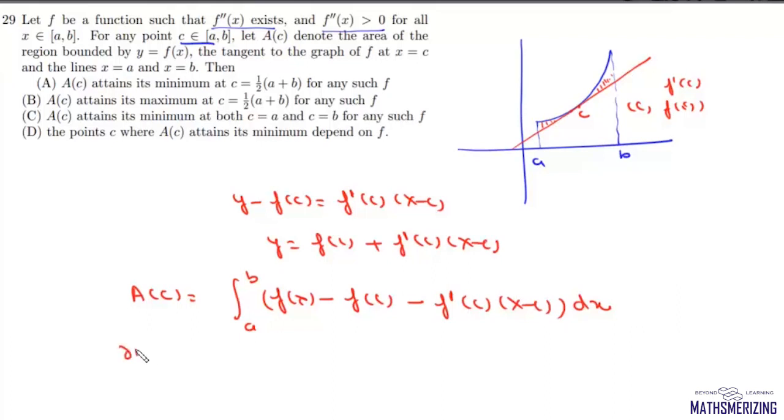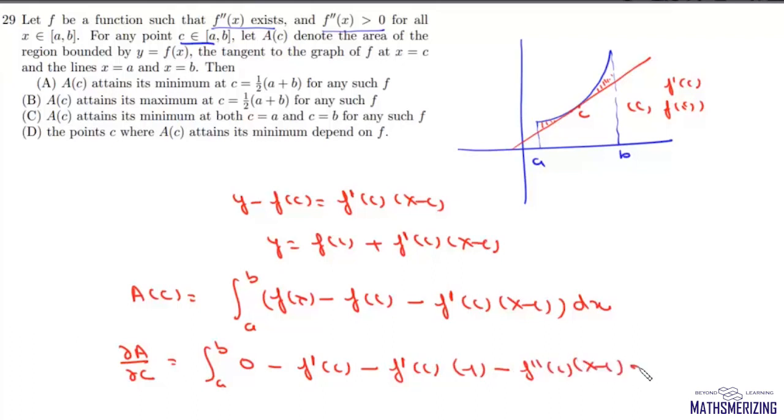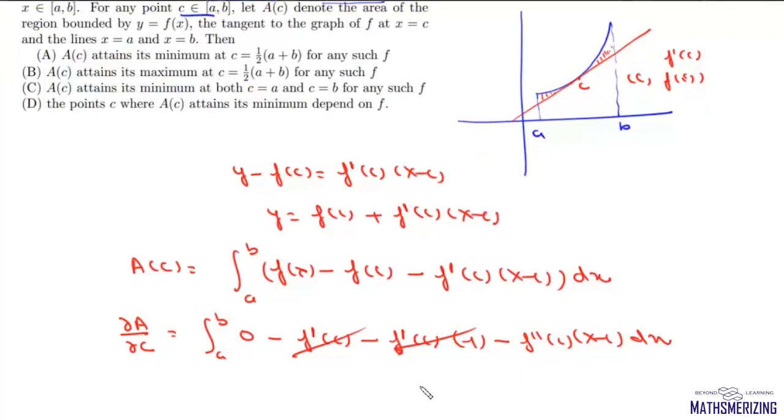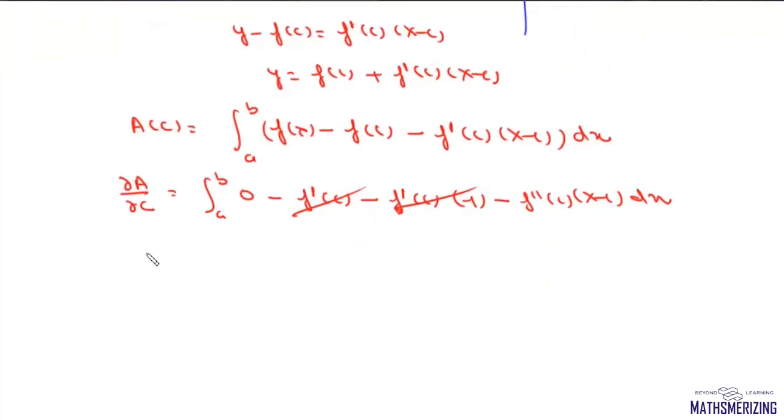So what we'll do is find del A by del c. It will be the integral from a to b of: now this is 0, then f dash c minus f dash c minus 1, and then minus f double dash c into x minus c, dx. Now this f dash c will cancel. So we can write del A upon del c as minus the integral from a to b of f double dash c into x minus c dx.